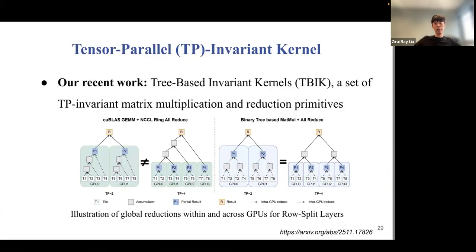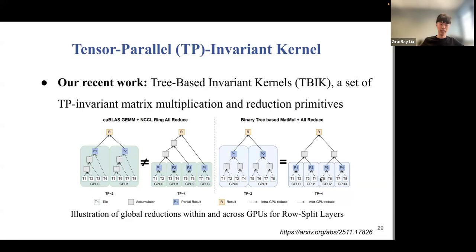Our high-level idea is that we ensure your GPU matmul accumulation and the all-reduce order follow the same binary reduction tree. In this way, if you change the number of GPUs, you still get the same summation order, like on the right side, because they are following the same tree structure.